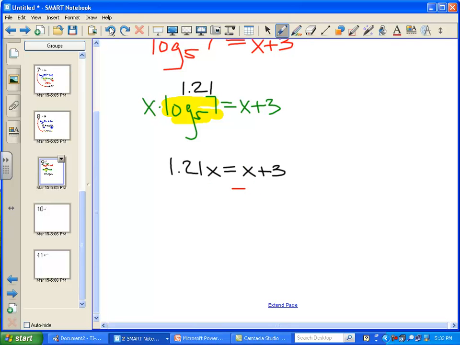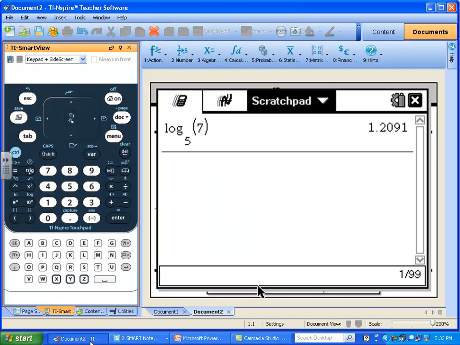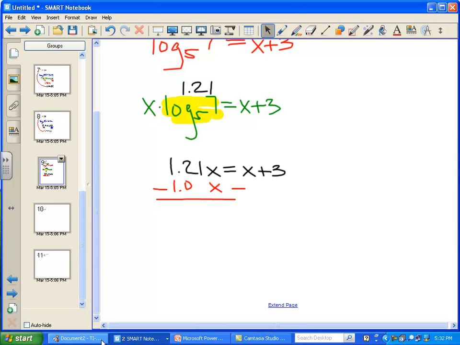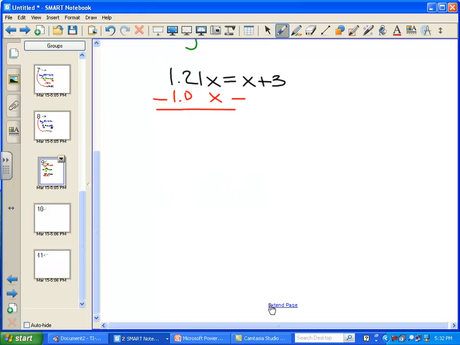And if you want to, you can write it as 1x if you're having trouble seeing it, and you can also do it in the calculator if you're having trouble with those decimals. 1.21, take away 1, and you just get 0.21. So what we're going to say here is we've got 0.21x is equal to 3, and just simply to solve it, we'll divide both sides by 0.21.